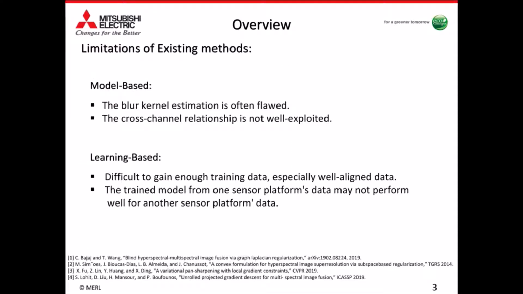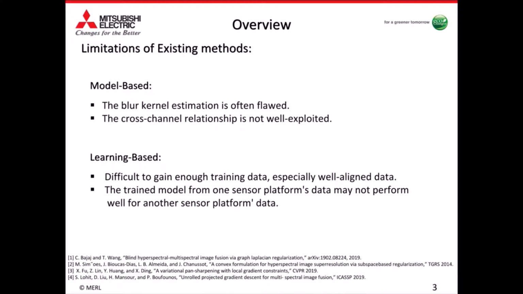There roughly exist two categories of approaches in the literature for blind pan-sharpening: model-based approaches and learning-based approaches. Previous model-based approaches are limited in a sense that the blur kernel estimation is often flawed and the cross-channel relationship is not well exploited.